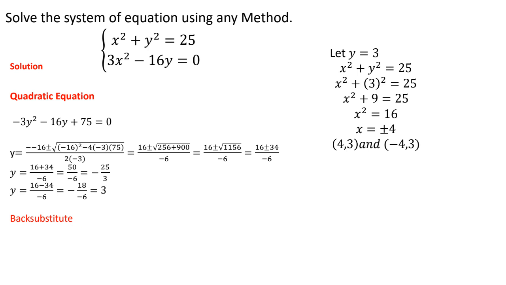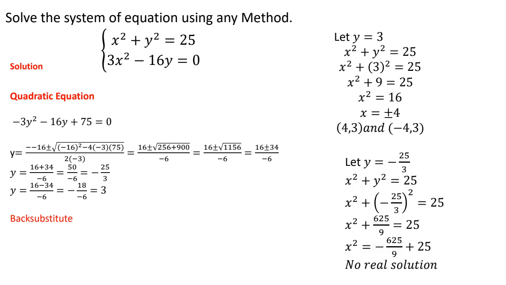So I have the two solutions already, but let's test the other point just so we can be precise and complete. Let's test the other point. And again, we tested the second one for a reason, because if you see here, if I plug in the second point, everywhere I see y for negative 25 over 3, we have negative 25 over 3 squared, which gives me 625 over 9.